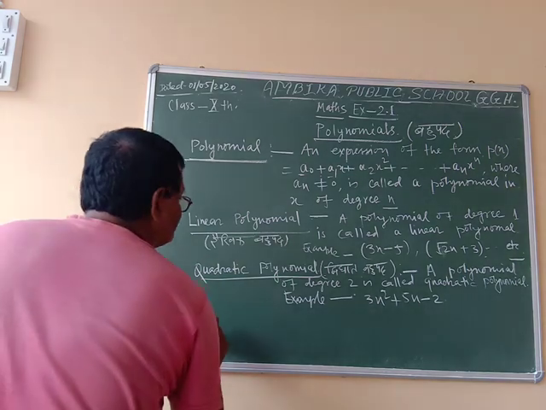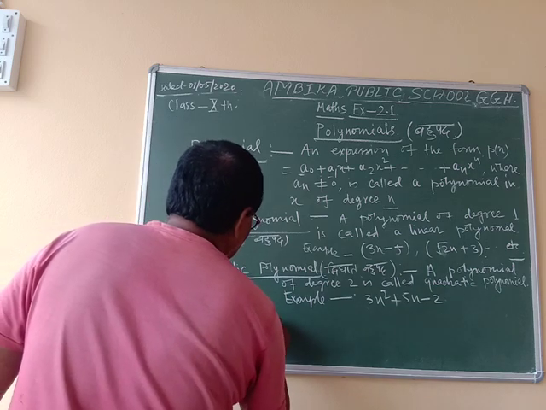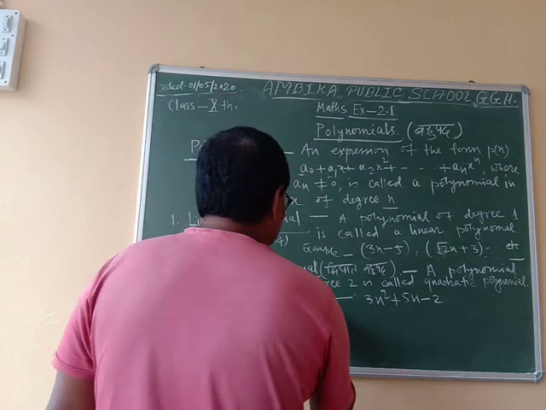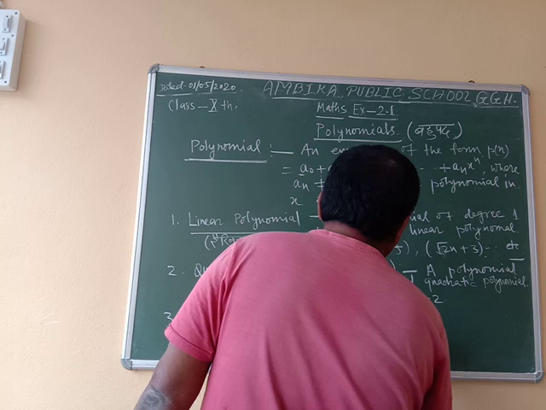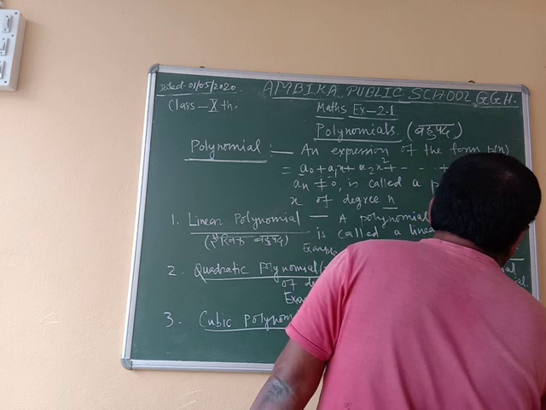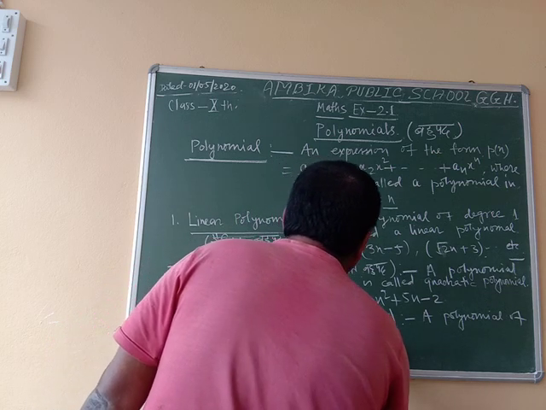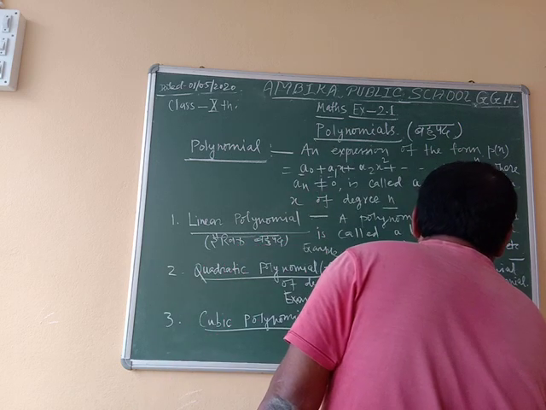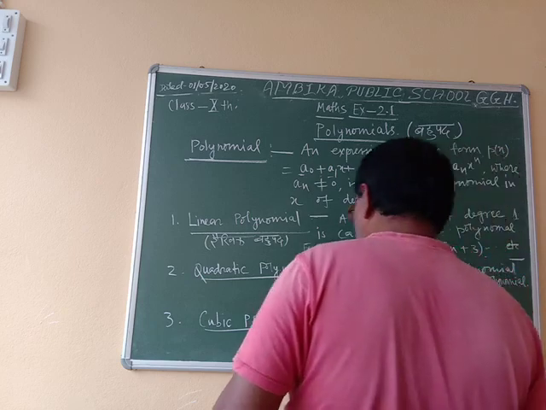Now cubic polynomial, त्रिघात बहुपद. A polynomial of degree 3 is called a cubic polynomial.